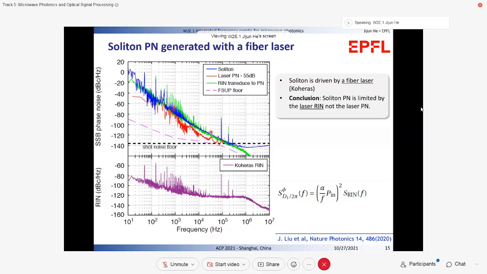The blue curve here is the soliton phase noise. The red curve is the transduced laser phase noise, which is below the blue curve. And the green curve is the transduced laser RIN, which shows a similar profile to the blue curve from 10 Hz to 100 kHz. So this means that the coherent laser RIN is the main contribution to the soliton phase noise in our case.